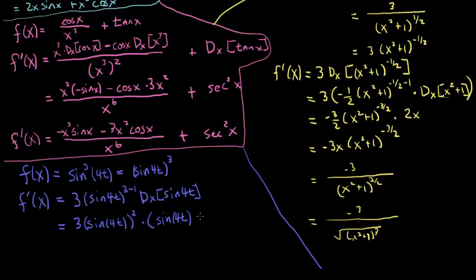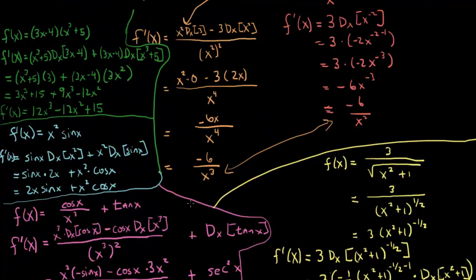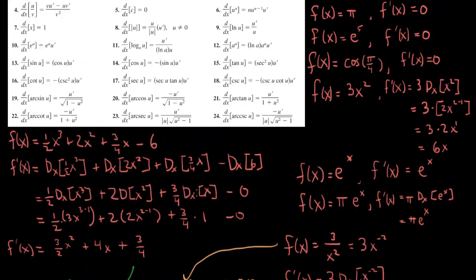But when you have a derivative of a trig function, and there's not just a single variable in the argument, that is, it's a composite. This is a composite function of sine of t and 4t. Okay, what you have to do, if you scroll way back up here, we haven't talked about this yet, but look there. If we have the derivative of sine of some function u is equal to cosine of u times u prime.